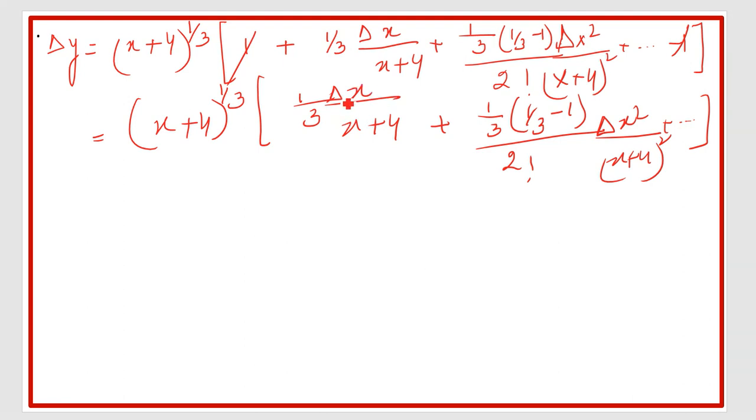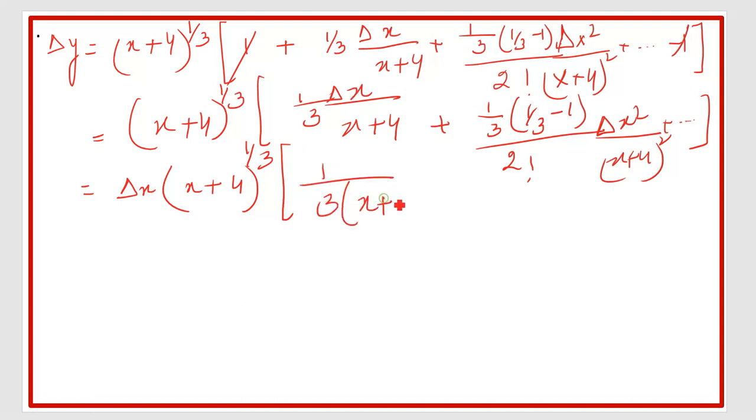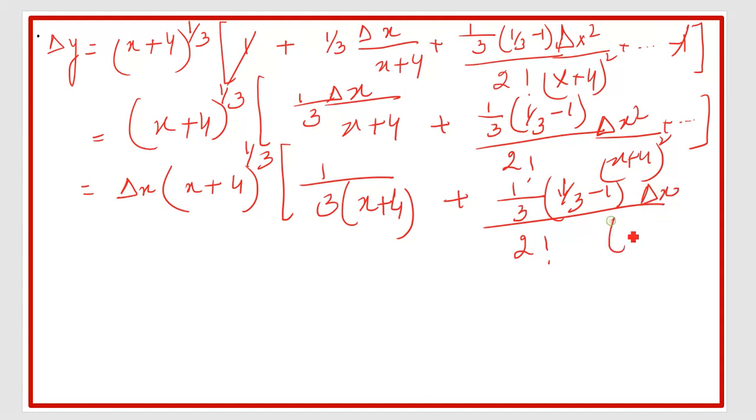Now you can see delta x we have here in this term, delta x we have here. So if I take delta x as common, whatever is remaining I will write down: 1 over 3 over x plus 4, plus 1 over 3 into n minus 1 over 2 factorial, with one delta x still remaining, and in the denominator x plus 4 whole square, and so on.